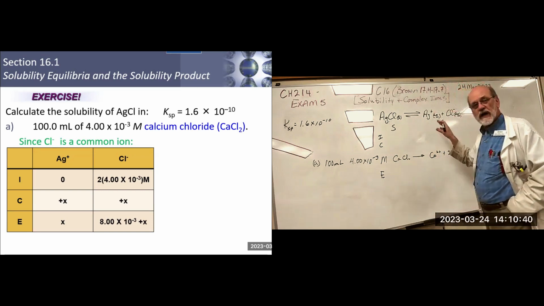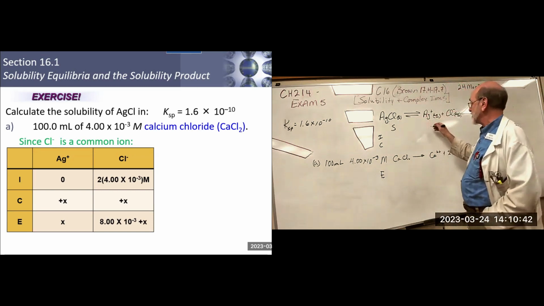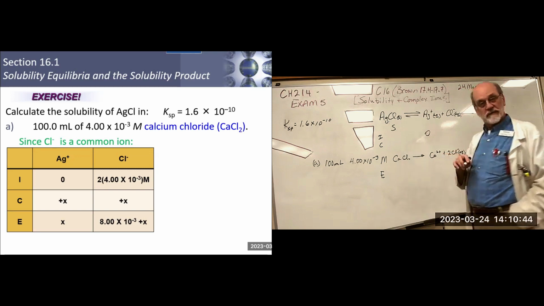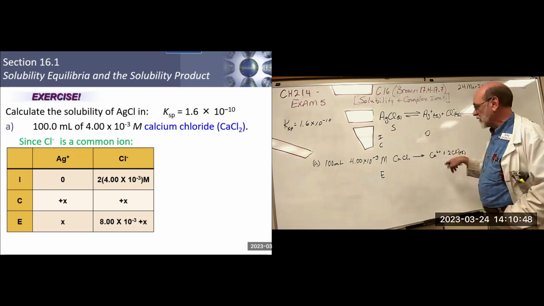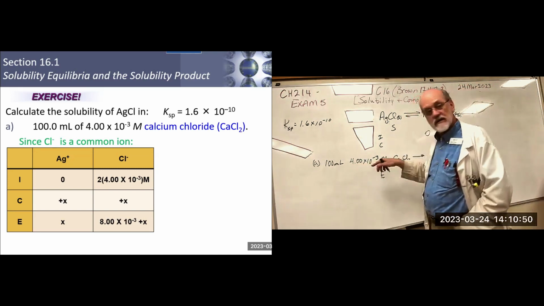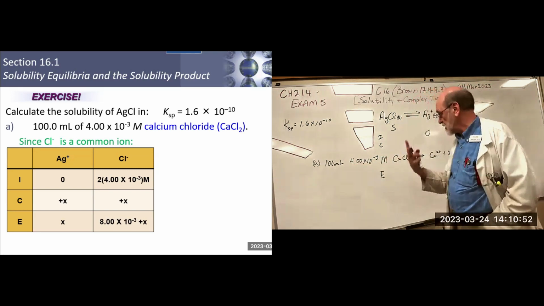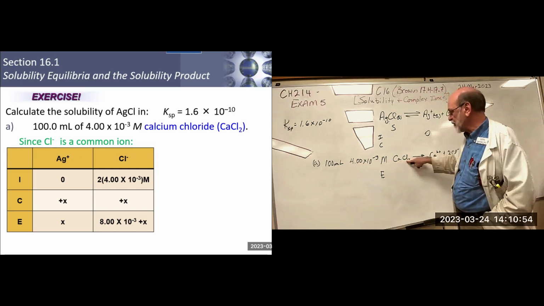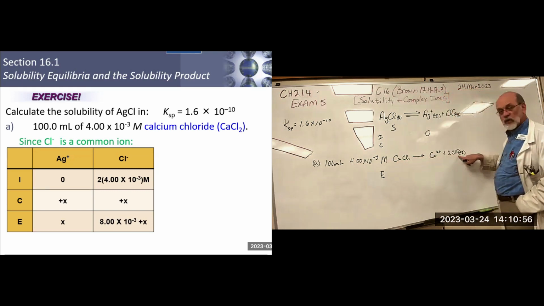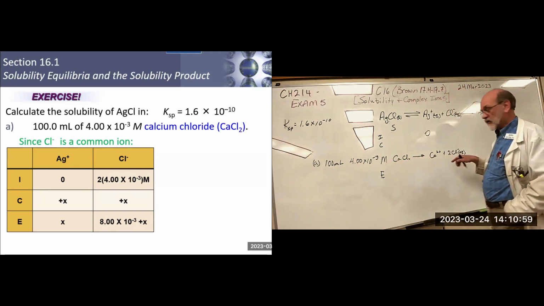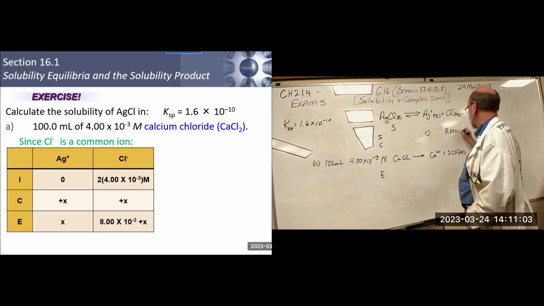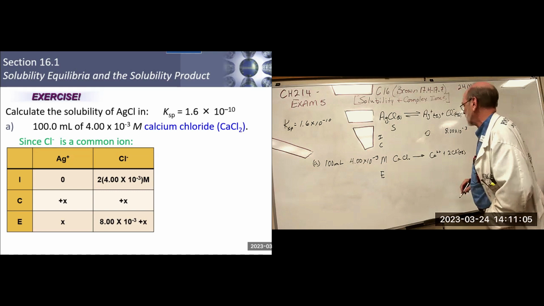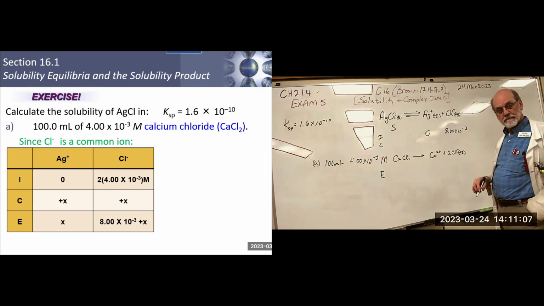So what's the initial concentration of silver? 0, right? What's the initial concentration of chloride? Well, it's this concentration times 2, because this is the concentration of the compound, but we get 2 for 1. So this one should be 8 times 10 to the minus 3 molar.